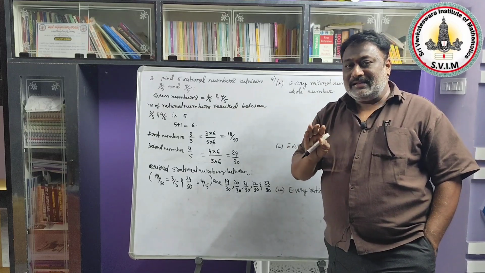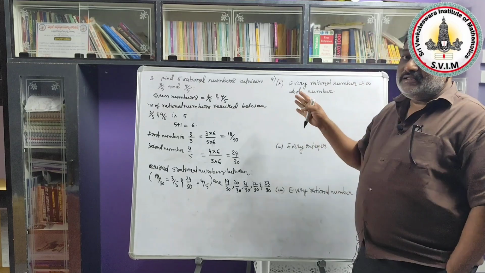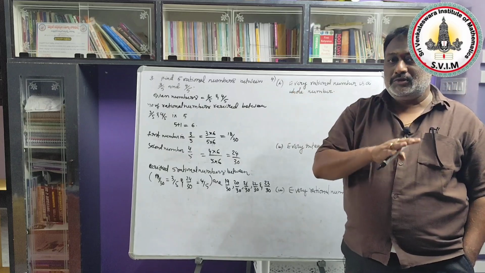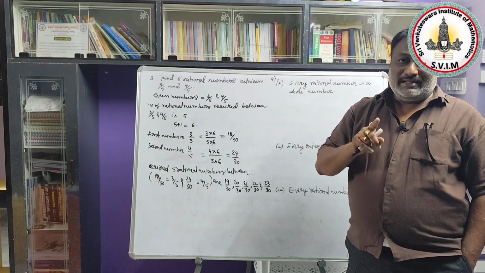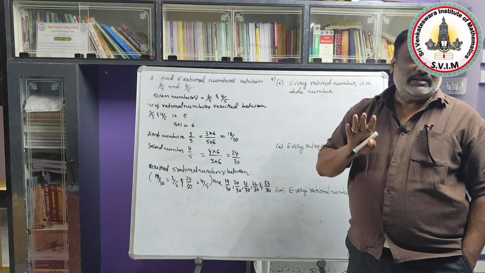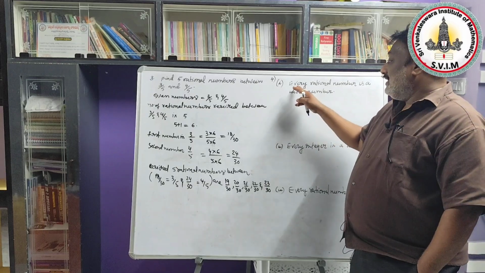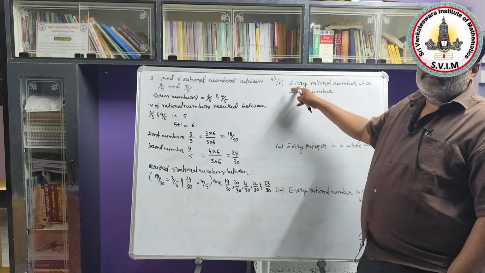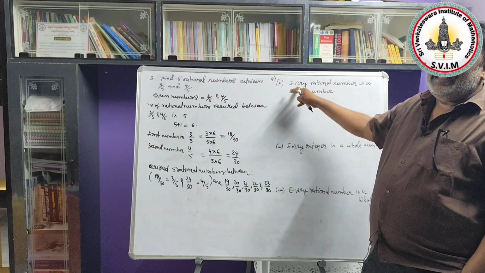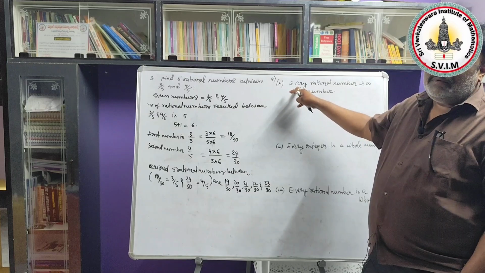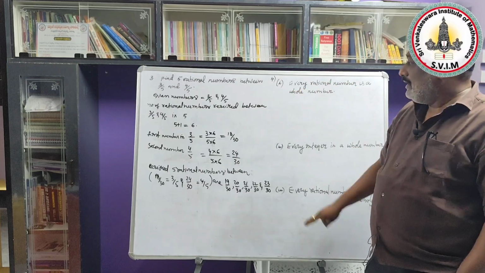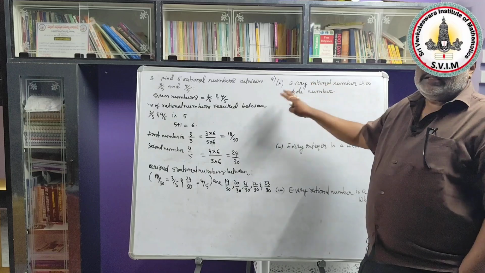So only if the statement is true in all cases, we need to write true. If it is false in any one of the cases, it is false. If you consider a fraction, the statement is false. If you consider a negative number, it is false. So completely this statement is false.